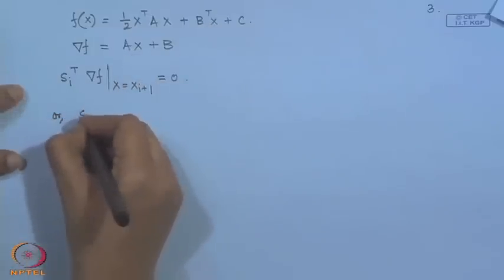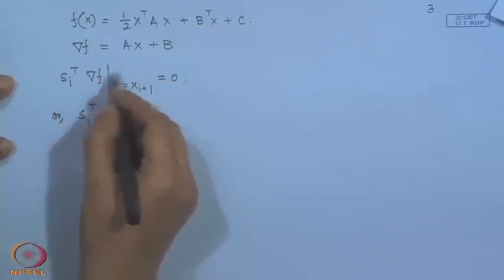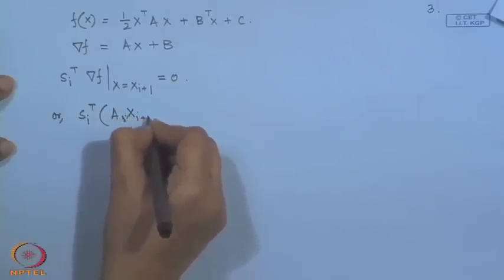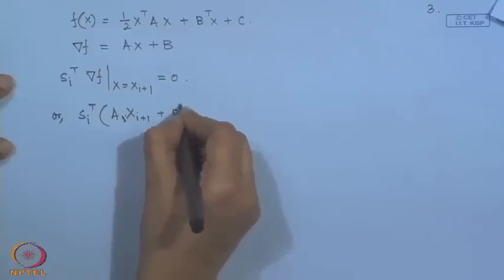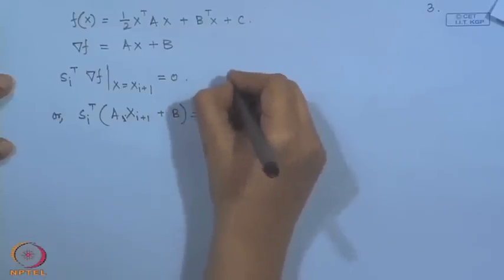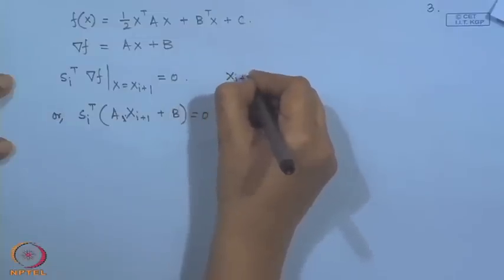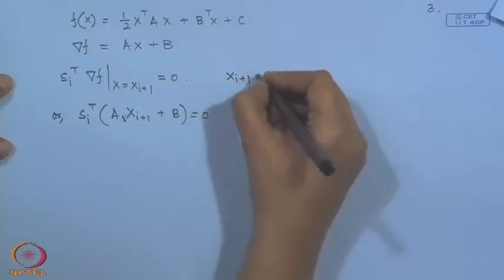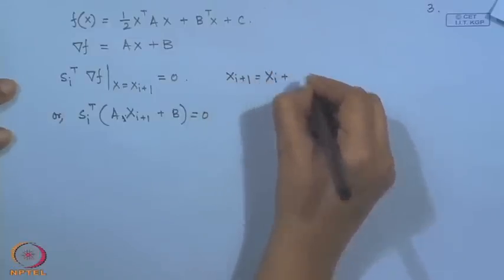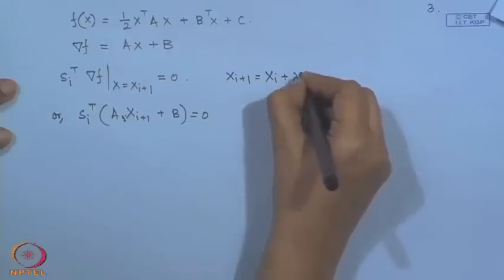That is why let me write it down: si transpose, A xi+1 plus b, is equal to 0. Now, what is xi+1? Just now we have seen xi+1, after the ith step, is equal to xi plus lambda i si.